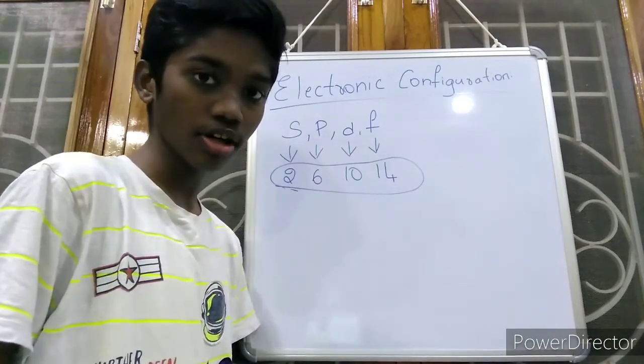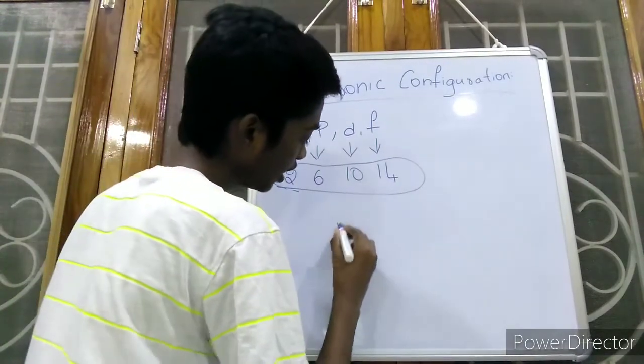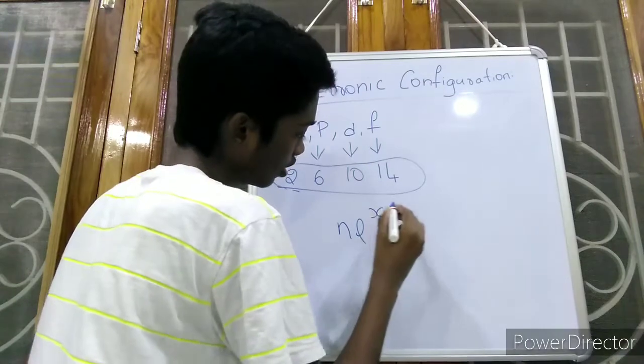The general form of the electronic configuration is nLx.